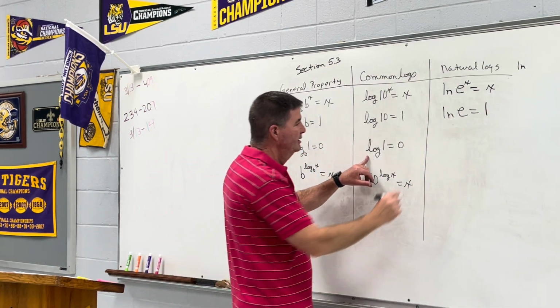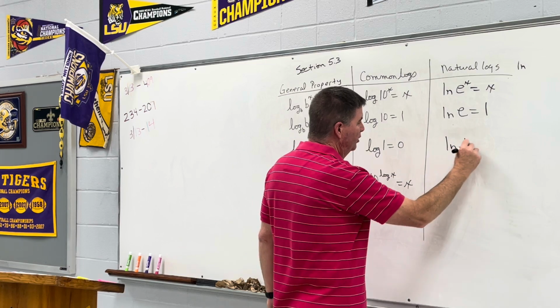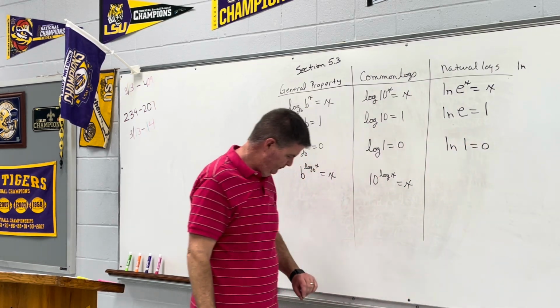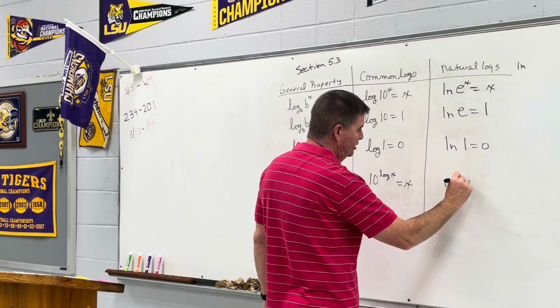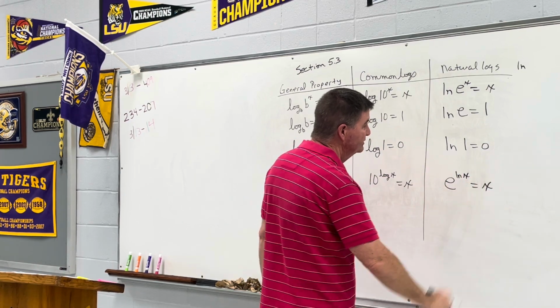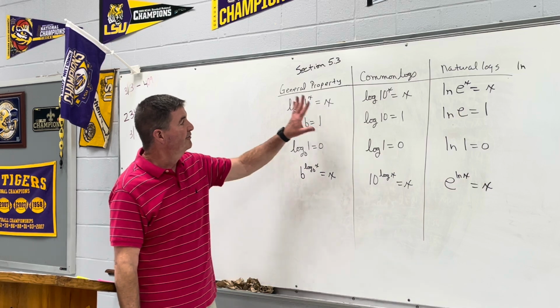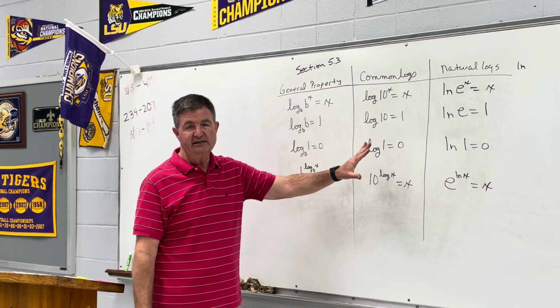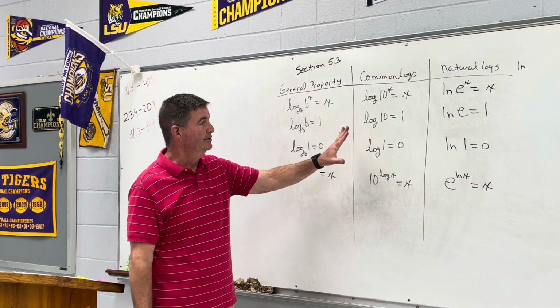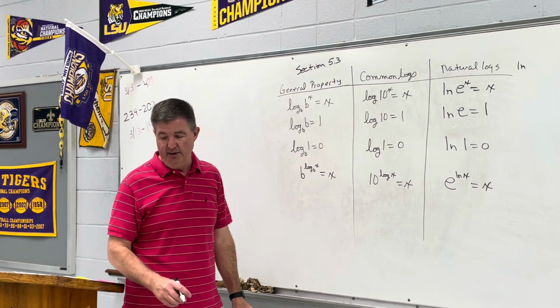The third one, natural log of 1 equals 0. And then finally, e to the natural log of x equals x. This is a reference that you can use because we're going to have some that we're just going to have to simplify, and I'm going to refer back to these properties in order to simplify.